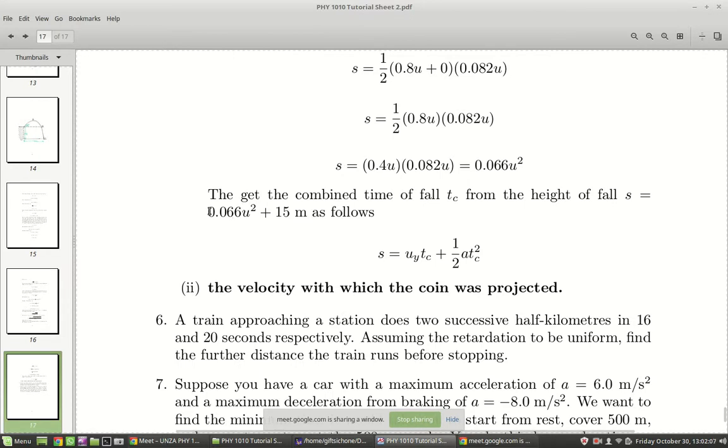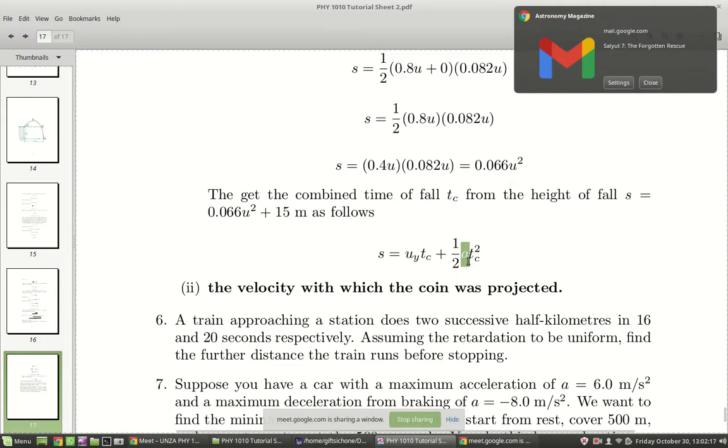This is the height through which the coin is going to fall, and the time it's going to take to fall is tc. The acceleration is going down, so acceleration is now 9.8.